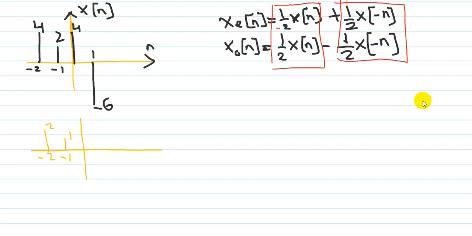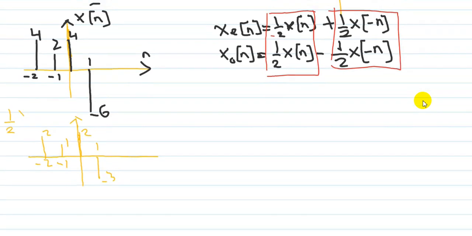And at 0 the amplitude will also become 2. And at 1 it will become minus 3. So that's at 1 it will become minus 3, and this signal is nothing but half x of n here.